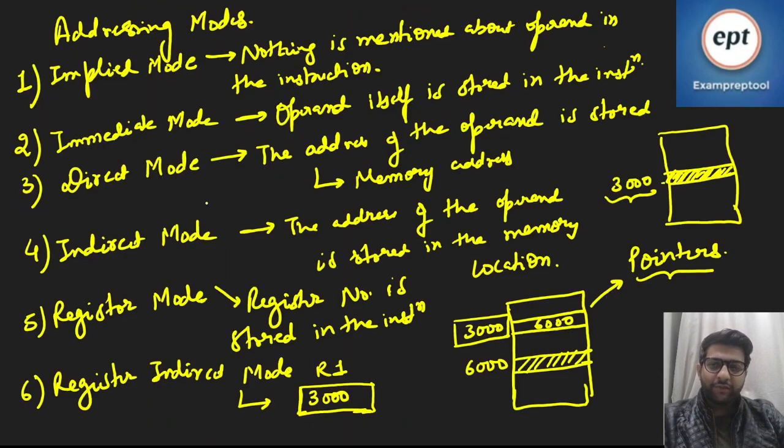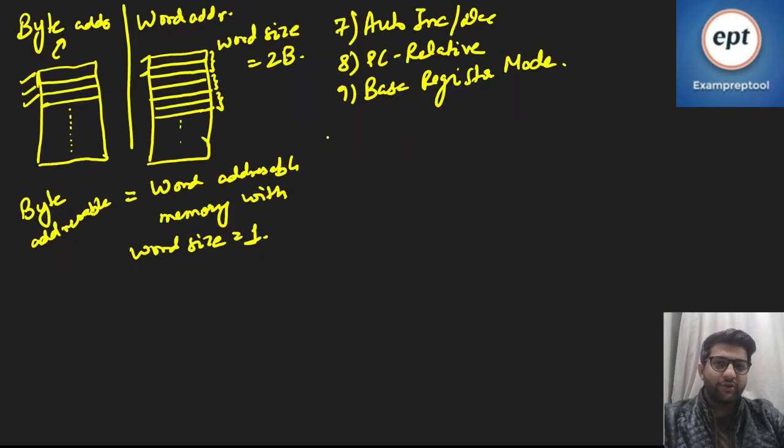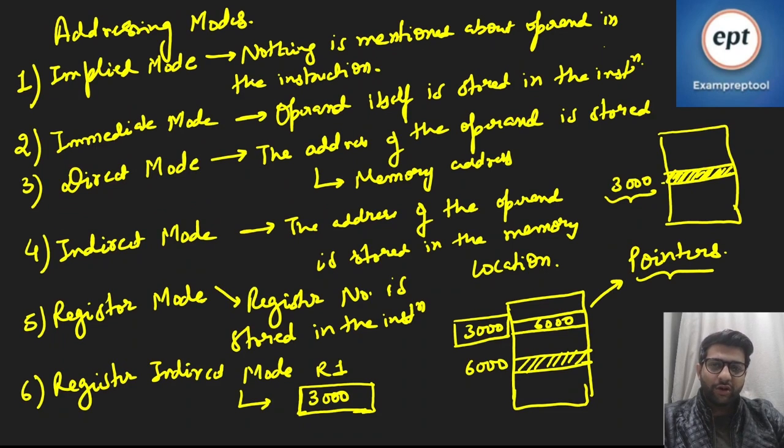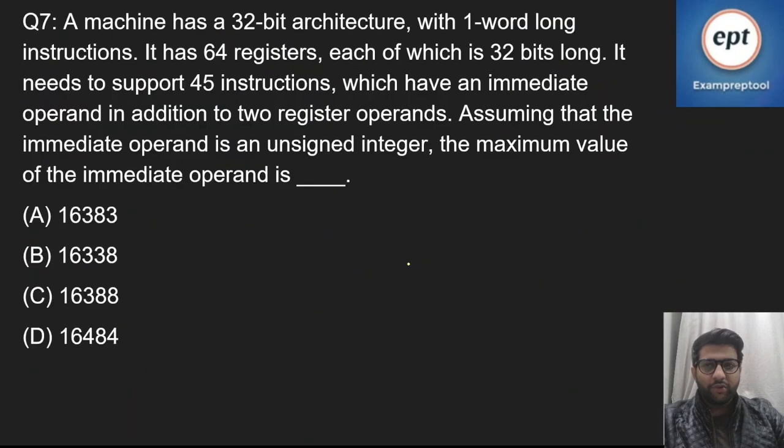You should be very thorough with these 8 or 9 addressing modes. You should not miss even a single thing from these, because these are very important and can help you score at least 1 or even 2 marks in the GATE exam.